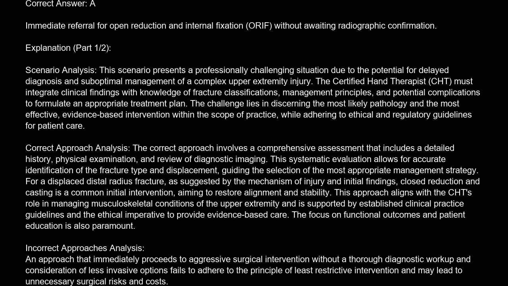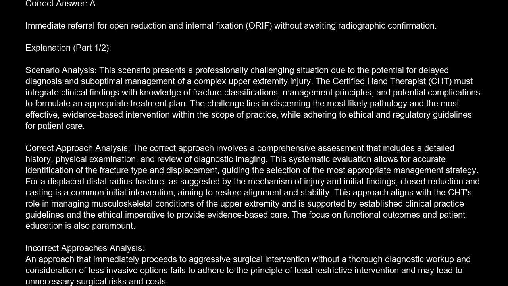Correct approach analysis. The correct approach involves a comprehensive assessment that includes a detailed history, physical examination, and review of diagnostic imaging. This systematic evaluation allows for accurate identification of the fracture type and displacement, guiding the selection of the most appropriate management strategy.